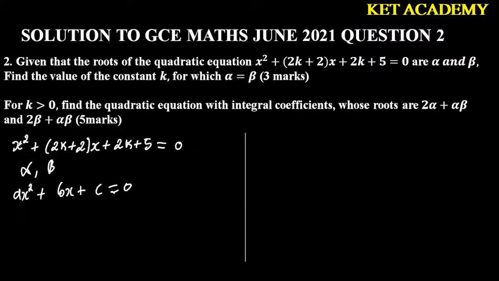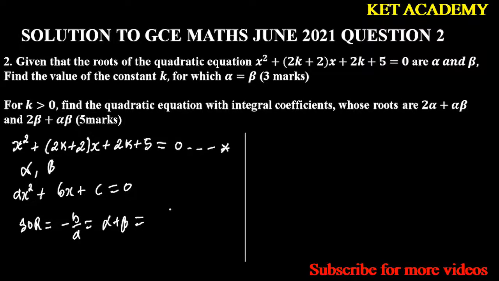And if we compare this, we know the sum of roots is minus b all over a, which will be alpha plus beta, according to equation star. We name that equation star. Minus b on a is minus b, where our b is 2k plus 2, on a, where our a is 1.